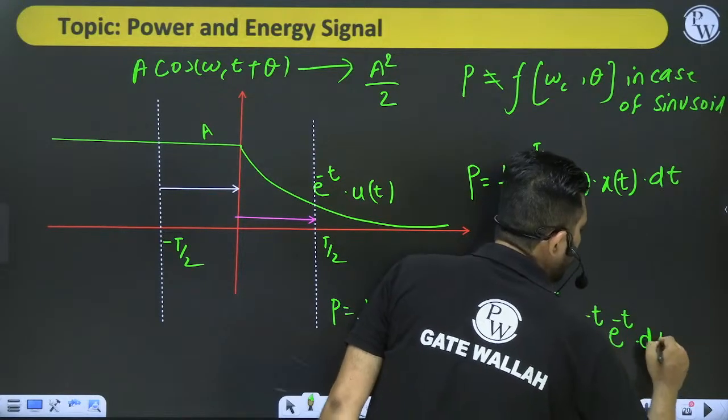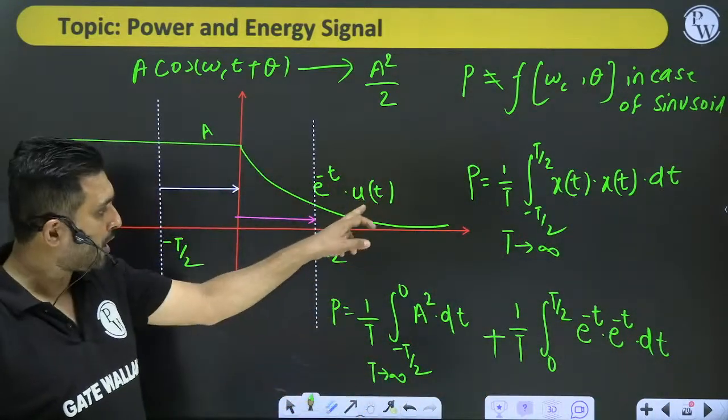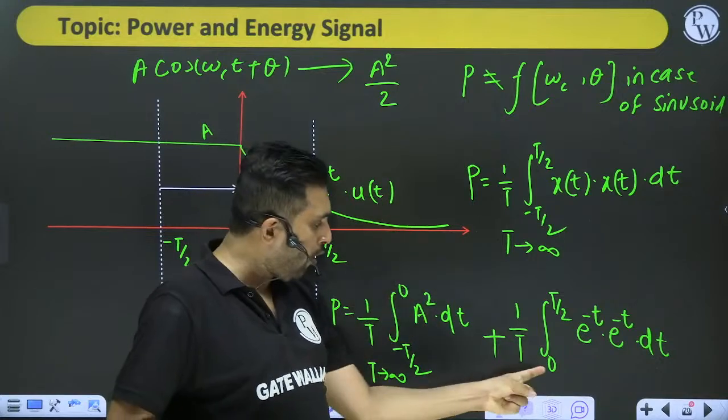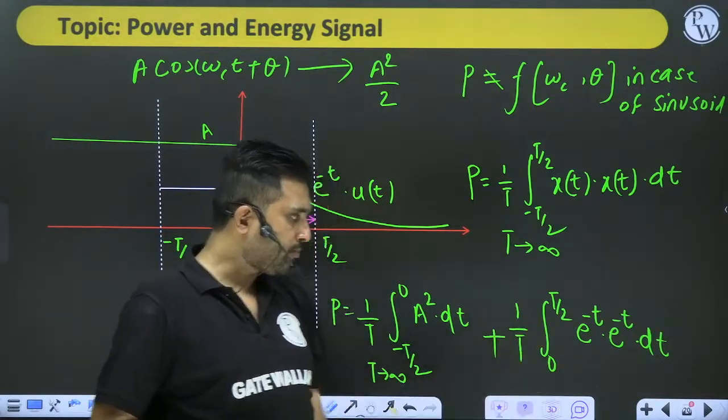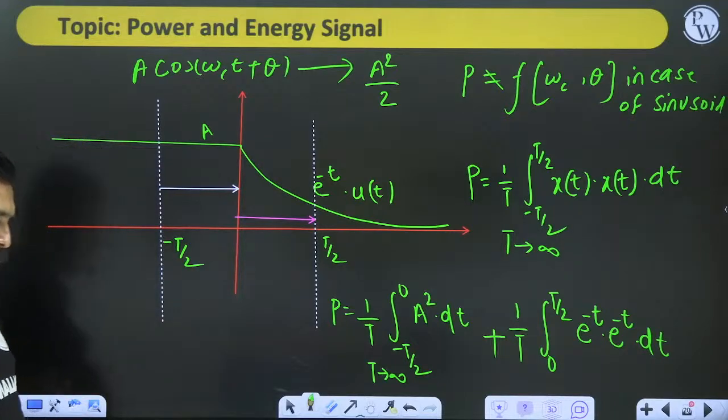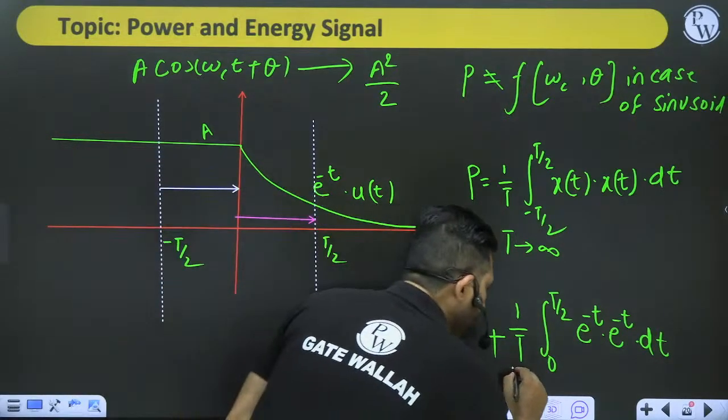Why am I not writing u(t)? See, u(t) will make the limit to be 0. Already the limit is 0. Let's solve this with T tending towards infinity for both.